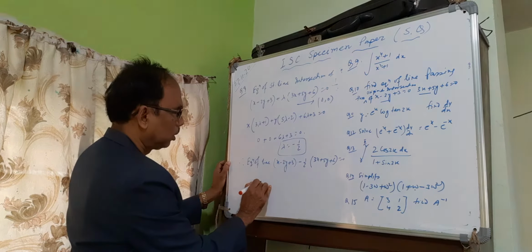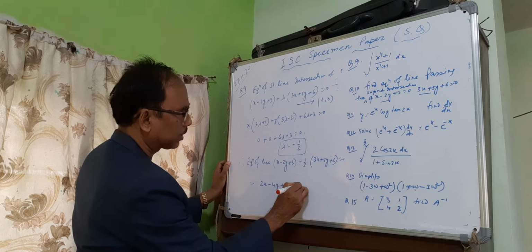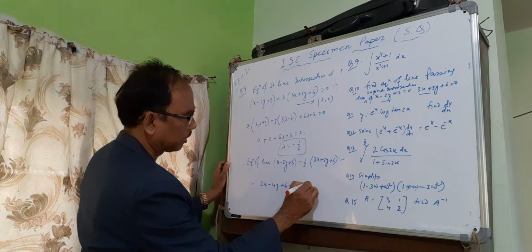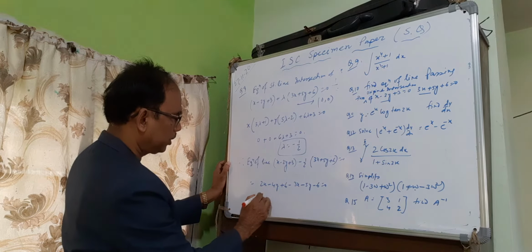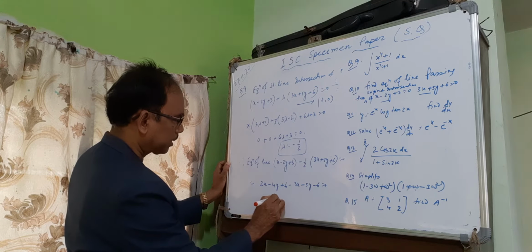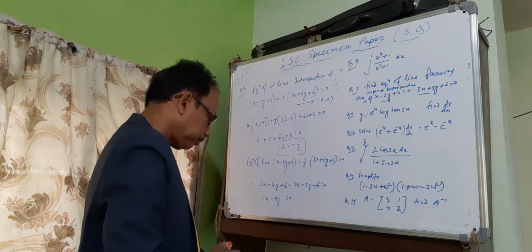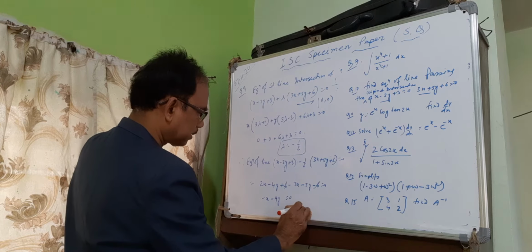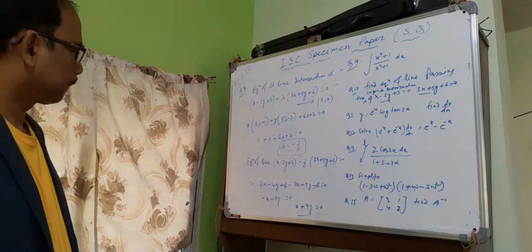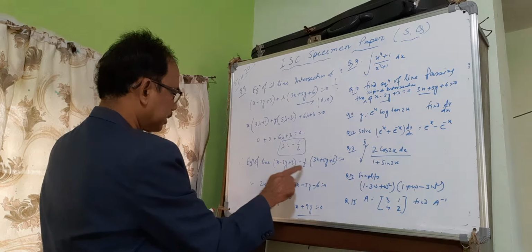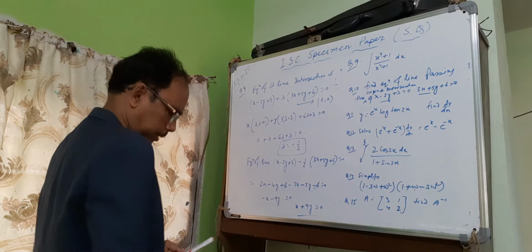Now simplify this. 2x minus 4y plus 6 minus 3x minus 5y minus 6 equals 0. 2x minus 3x is minus x, minus 9y, 6 cancels, that equals 0. That is x plus 9y equals 0. That is the equation of the line. Okay, that is the answer.